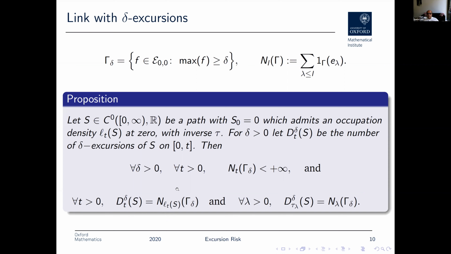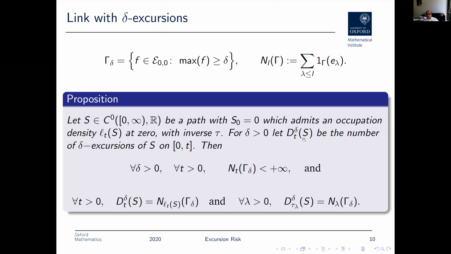So now we're going to assume that S is not just a continuous path, but a continuous path which is sufficiently irregular to have an occupation density at 0. And the inverse of this occupation density, we call it tau, just as I defined earlier. And now we revisit our old friend, the number of delta excursions between 0 and t, d delta t.